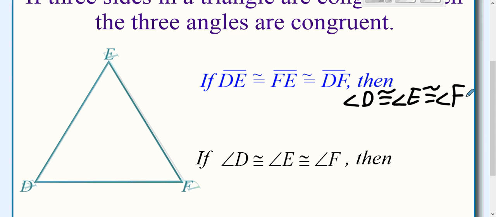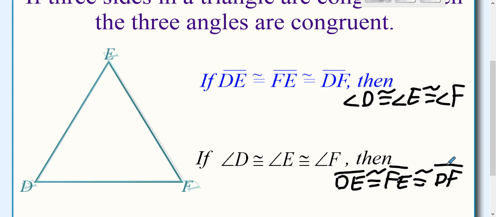If the three angles are congruent, then those three sides are congruent. So if the sides are congruent, the angles are congruent. If the angles are congruent, then all the sides are congruent.